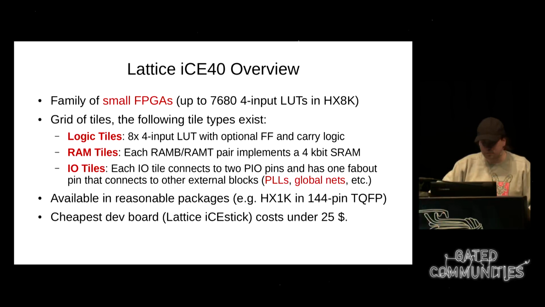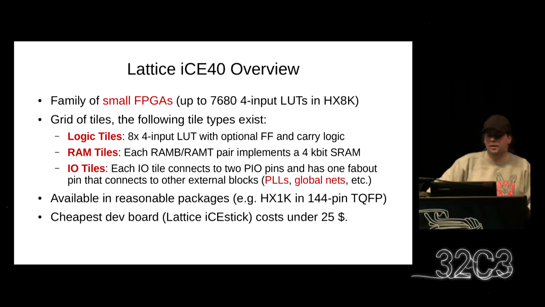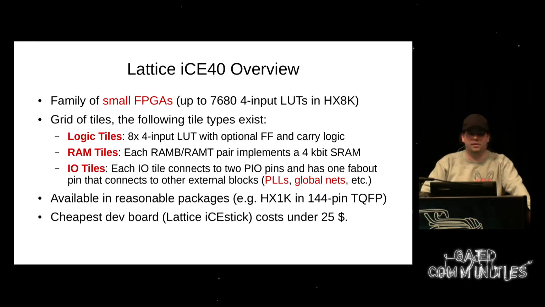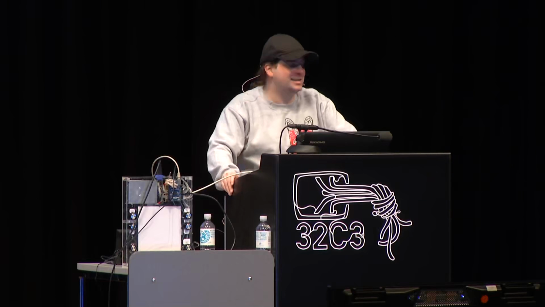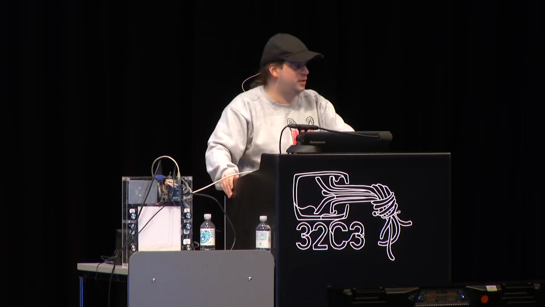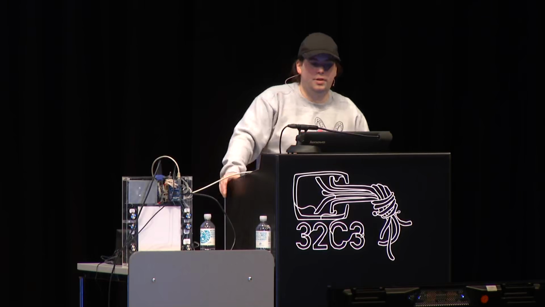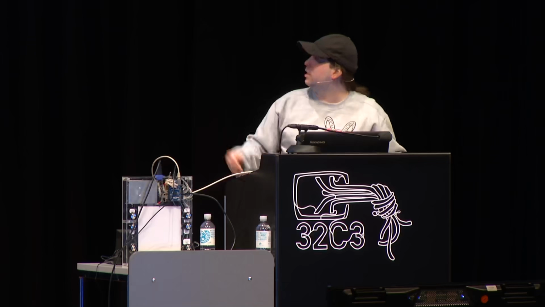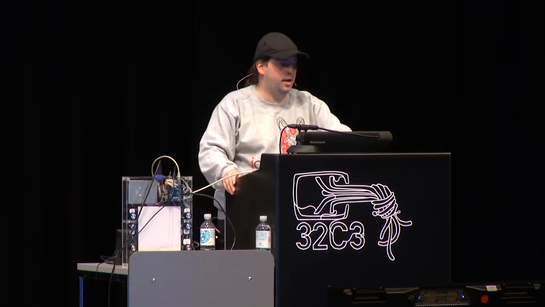A nice thing about iCE40 FPGAs is that they come in quite reasonable packages. When you would like to make your own boards, it can be quite a hassle to work with ball grid arrays and stuff like that. But the iCE40 FPGAs come in packages like a 144-pin TQFP that you can even solder by hand if you have to. And there are very cheap development boards available from Lattice directly for this kind of FPGA.